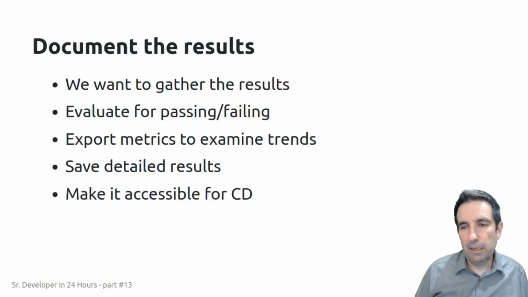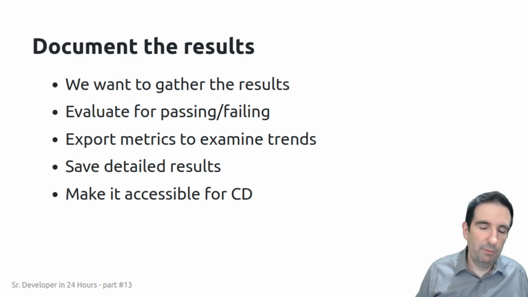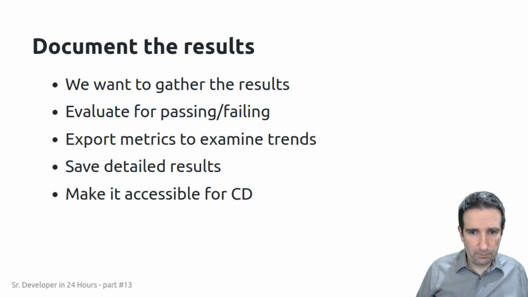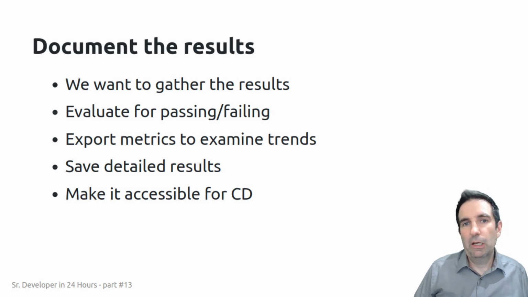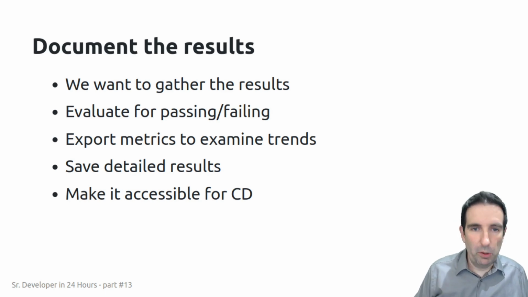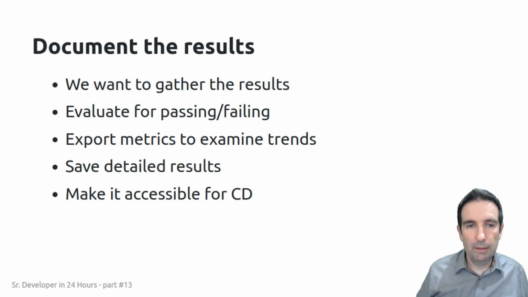And ideally, we would make the results available for our continuous deployment system so that we can leverage that. We can feed that into the CD system to do things like continuous deployment, where, after we have cleared all of the quality gates, unit test, integration test, things like that, we are confident that we can deploy to production.